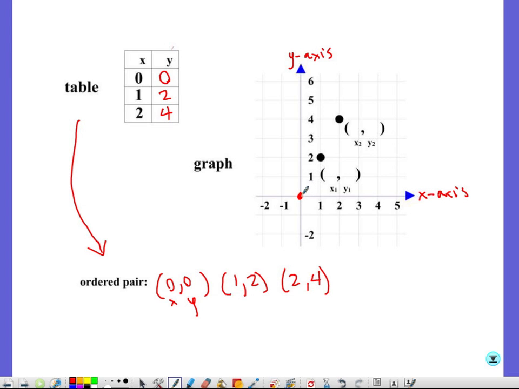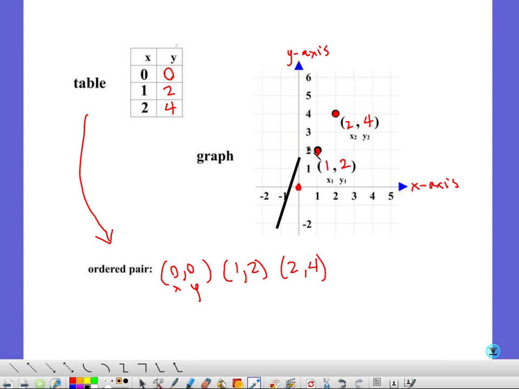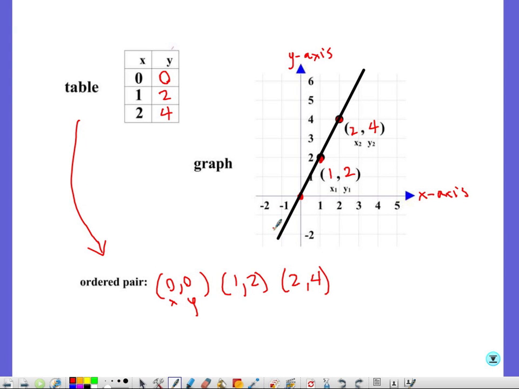So let's go ahead and plot these ordered pairs. Here is 1, 2, and here is 2, 4. So the ordered pairs on a graph are represented by a point. Let's go ahead and draw a straight line through those points. Alright, excellent.